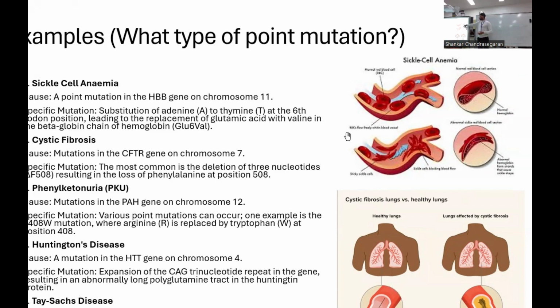So this is what your normal blood cell looks like, which looks more like a donut with no hole in the middle. It just has a dip in the middle. Well, a sickle cell looks more like a C, right?